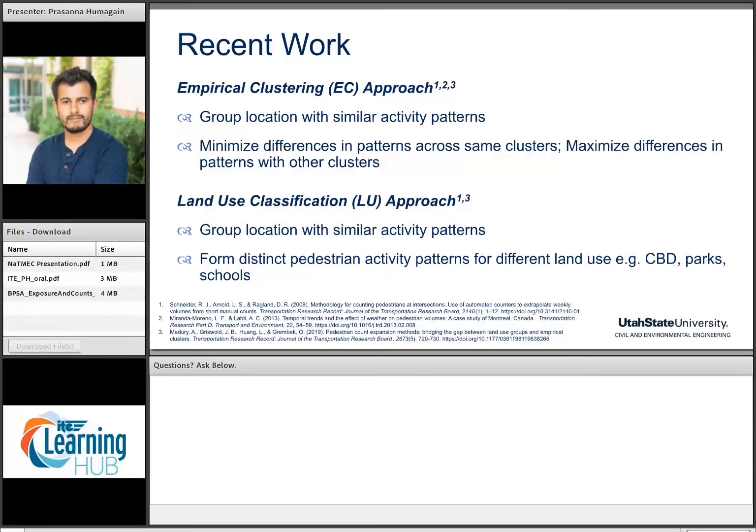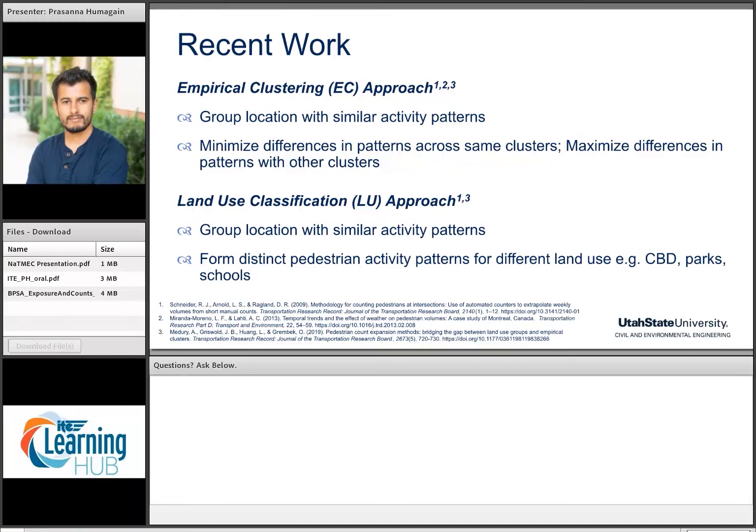So pedestrian locations are often grouped together according to their activity patterns, let's say daily or weekly or yearly, and these groupings are called factor groups. The recent work in this field shows use of two approaches to group pedestrian activity at intersections. The first is called the empirical clustering approach, where intersections with similar activity patterns are grouped together by using clustering, the principle of which is to minimize the differences in patterns within the same clusters, whereas at the same time maximizing differences in patterns with other clusters.